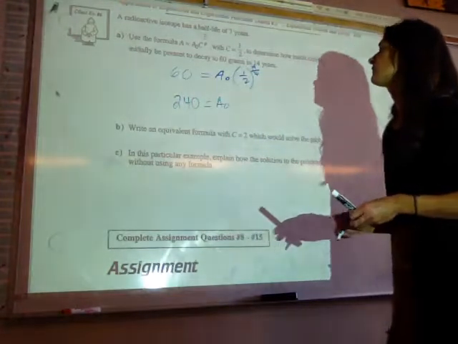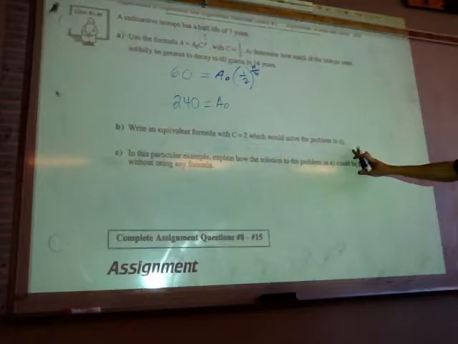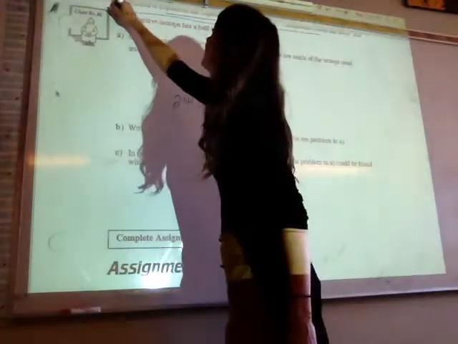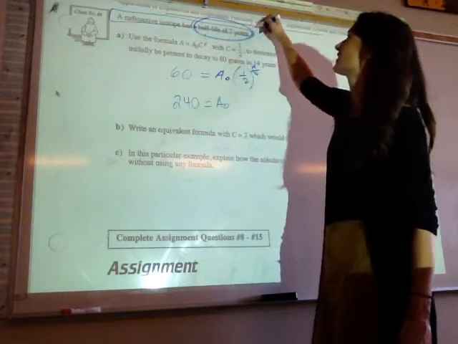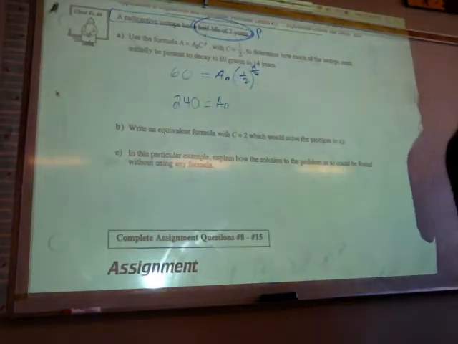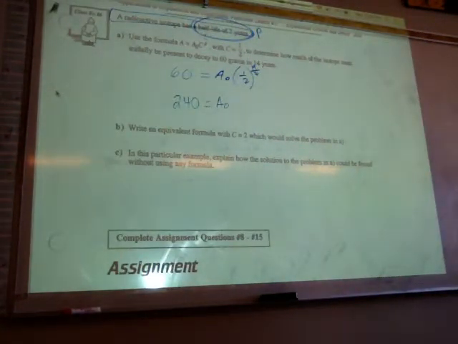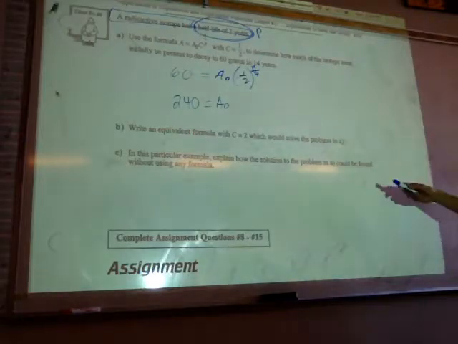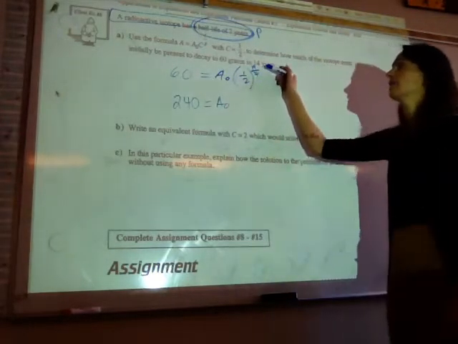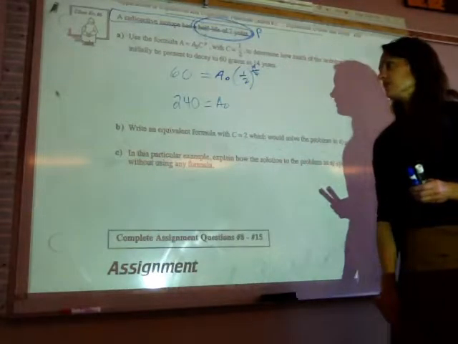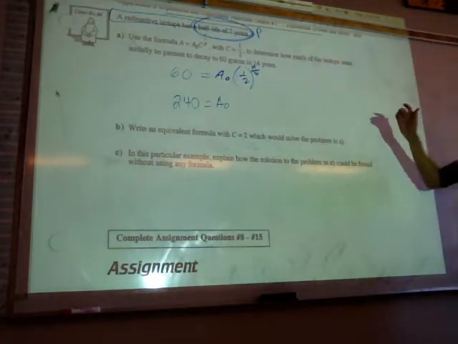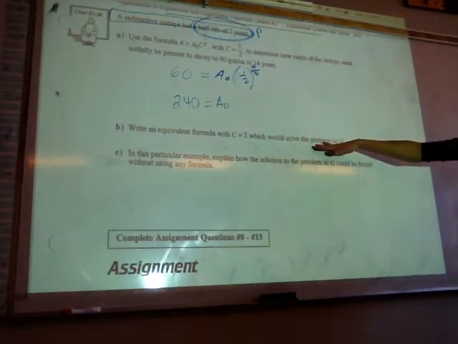Where's the seven? They told us that the half-life was 7 years, so that's our P. If we solved for A0, it would be 60 divided by a half to the power of 2. So we'd be going 60 divided by 1/4, and we get 240.